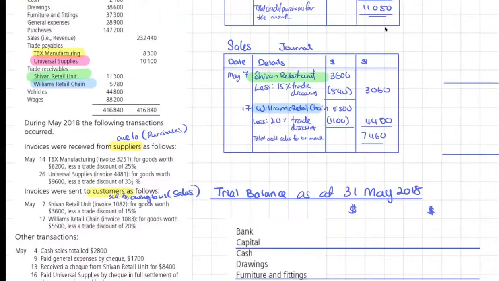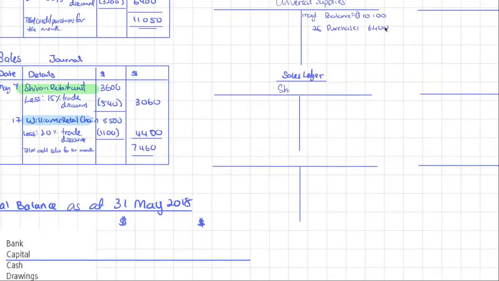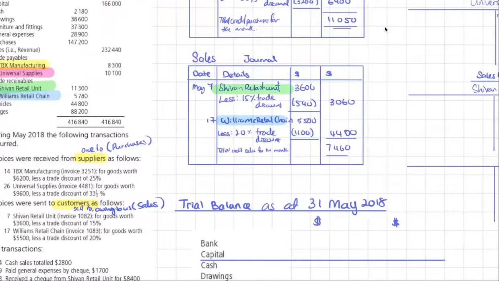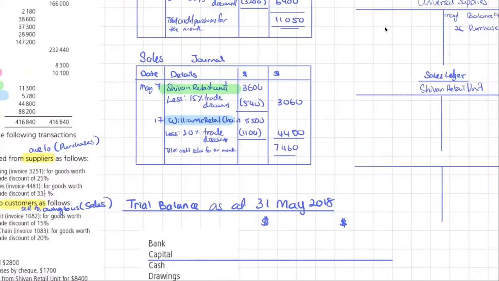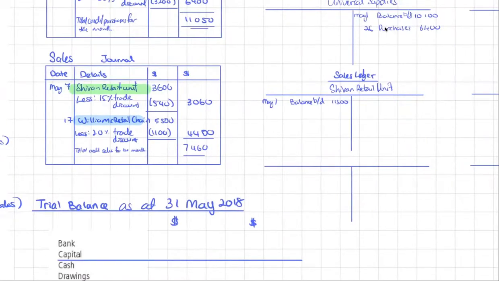Next will be the sales ledger. In the sales ledger, we need to write Shivan Retail Unit. The balance here will be 11,300, balance brought down, May 1st. And after that, 3,060, sales.